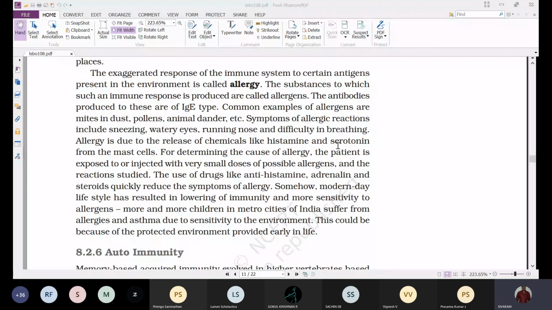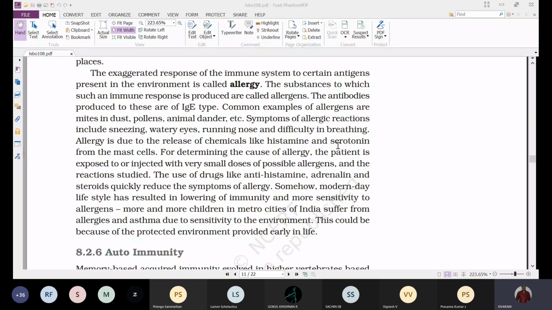Exaggerated means our immune system will respond quickly and hugely in a short period of time. That's what we call an exaggerated response.